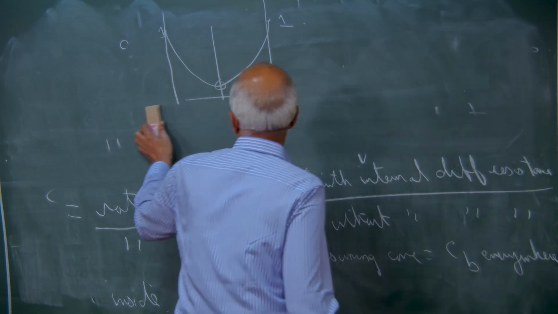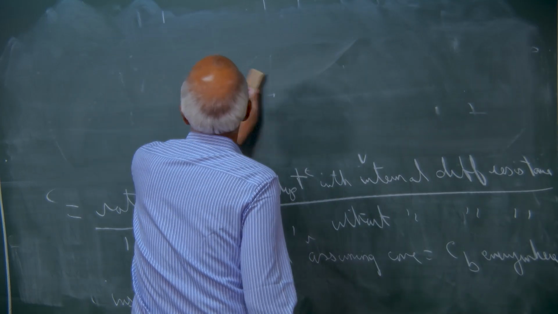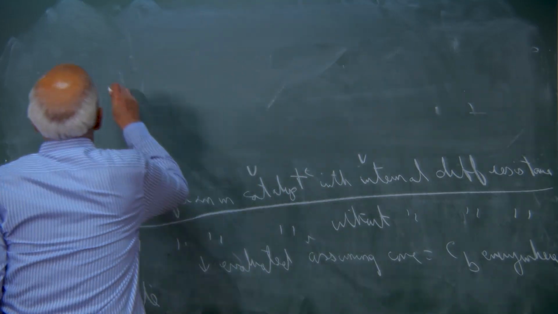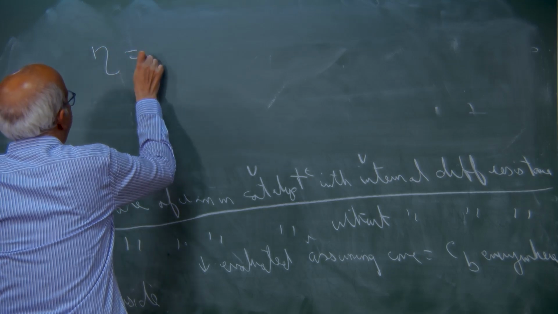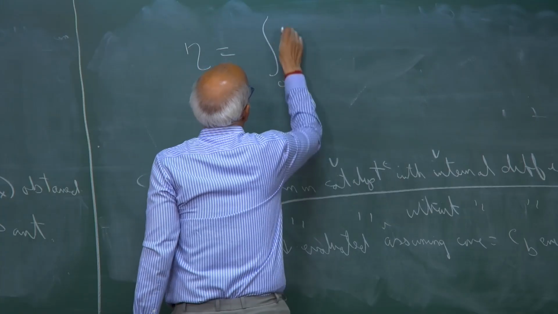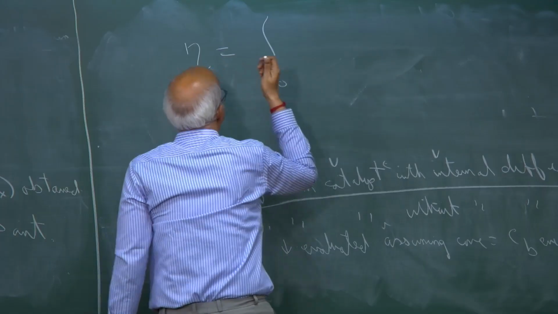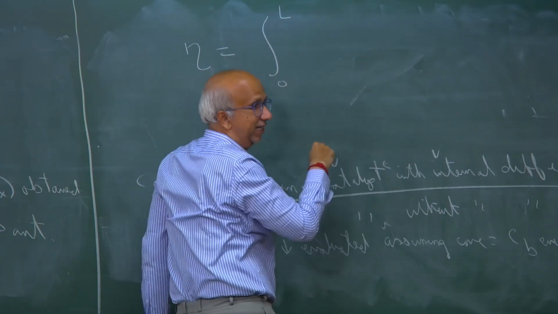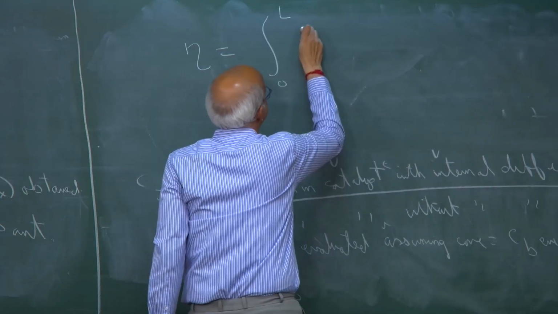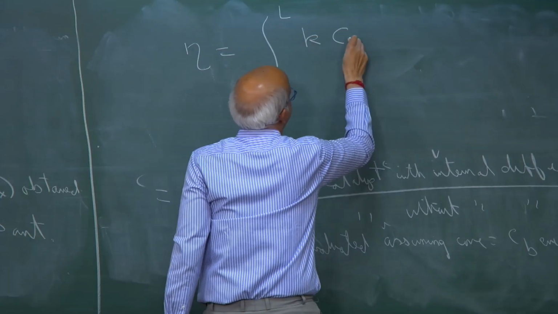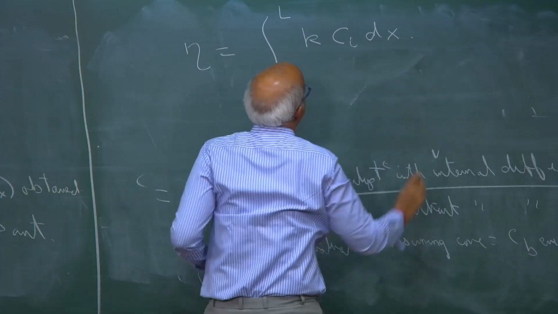So, now if I want to calculate this effectiveness factor, I told you the reaction rate 0 to L. I will do it in dimensional form, then I will convert it to dimensionless: integral of k C_i dx. Why k C_i?